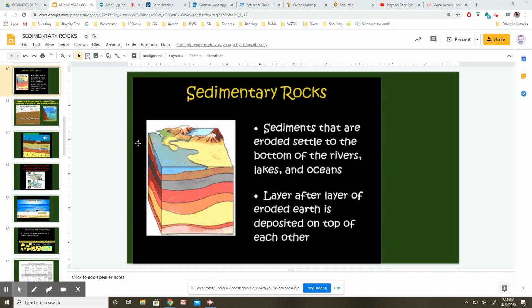Let's get going. So last time we learned that sedimentary rocks form due to erosion and weathering, and as we move those rocks through water, they come to a large body of water.